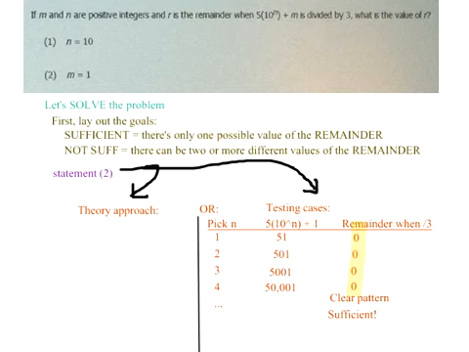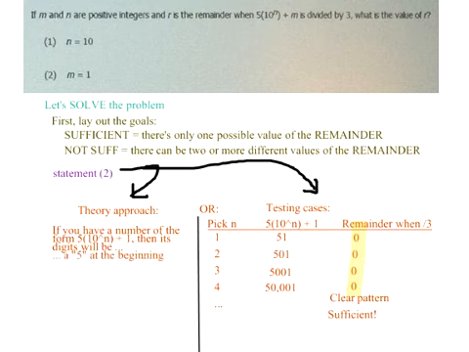If you have a number of the form 5 times 10 to the n plus 1, then its digits will always be a 5 at the beginning, a 1 at the end, and then the rest are zeros.